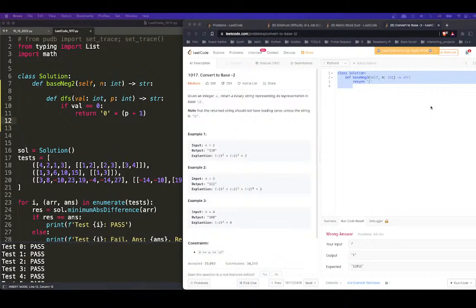If current value is positive and my position is at a negative position, then it has to be 0, because otherwise it's not possible that the remaining can reduce. And if it's negative and my current position is a positive one, then it's not possible. Otherwise, we can do both. How about just like this?